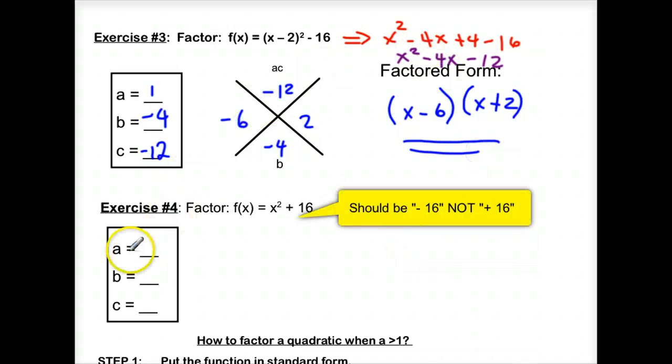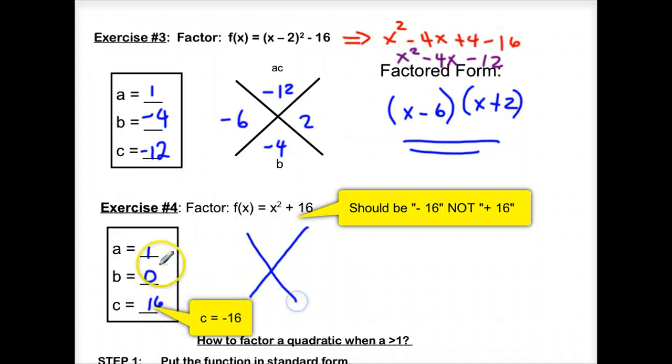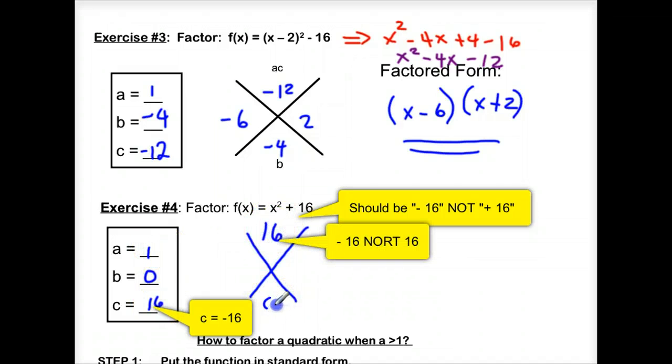Let's try one more example. My a is 1, my b, I don't have a b term, so it's 0. Remember, b term is next to the x, and my c is 16. Is that possible? Of course. Now draw your x. A times c goes on top, which is 16, and then my b term at the bottom. Two numbers, when I multiply them, I get 16, but when I add those numbers, I get 0.